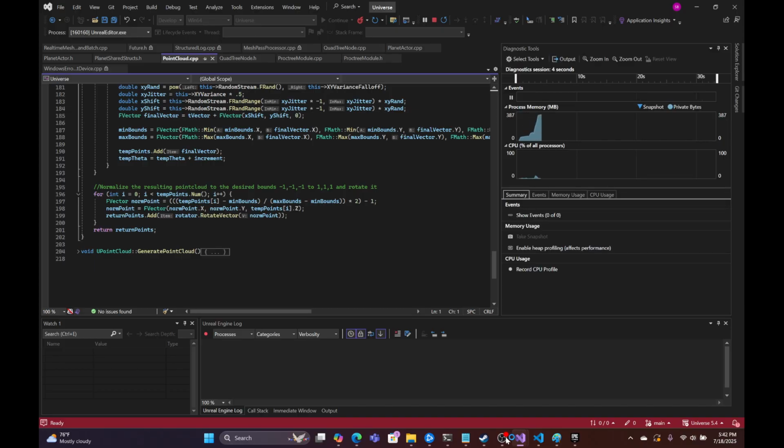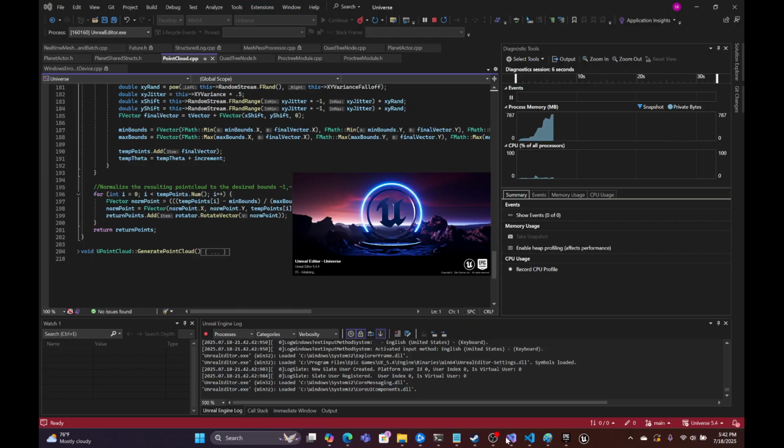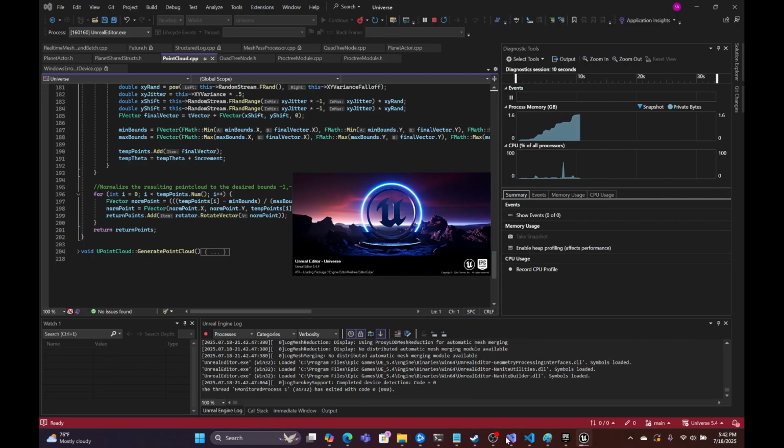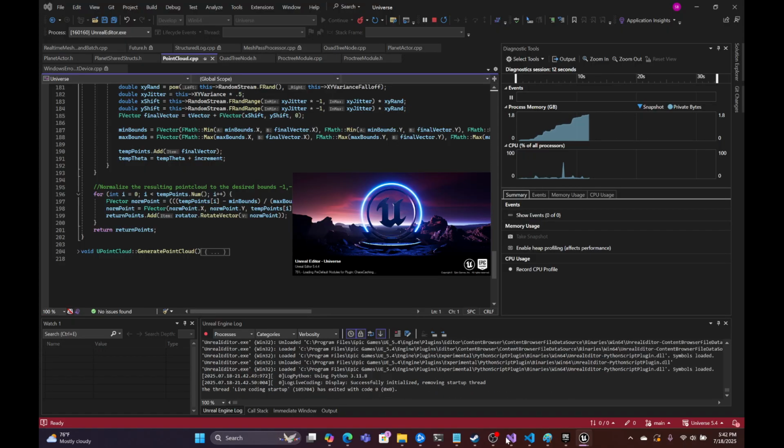So I get the galaxy stage working again, and then I can pull in the parallax thing.